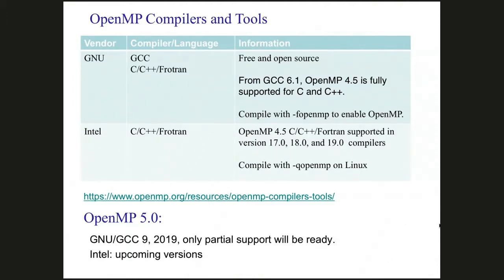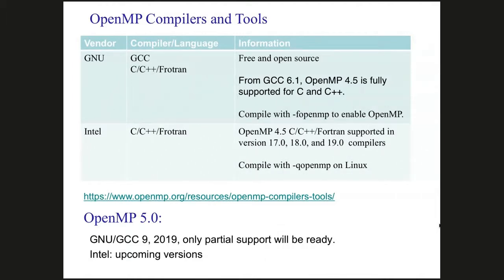If we use the GCC or GFortran compiler, the option to enable OpenMP is -fopenmp. If you compile with -fopenmp, your code is OpenMP code. If you don't, the compiler will treat all the OpenMP syntax as comments, and your code will still run as sequential code.